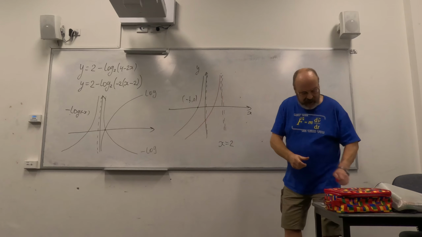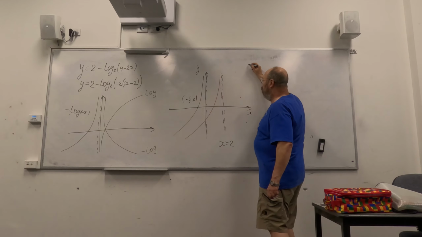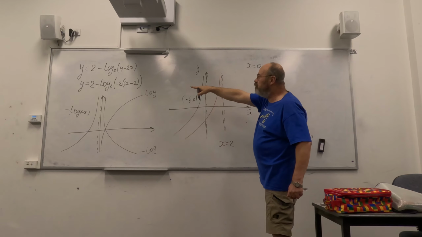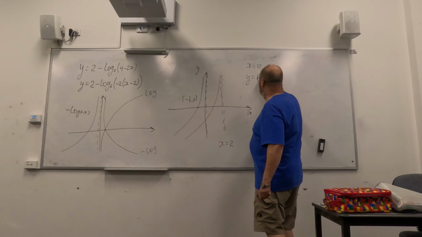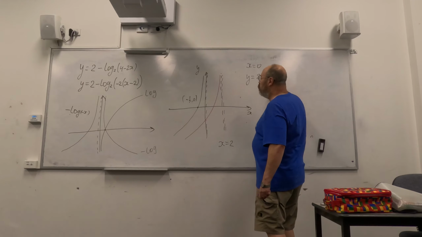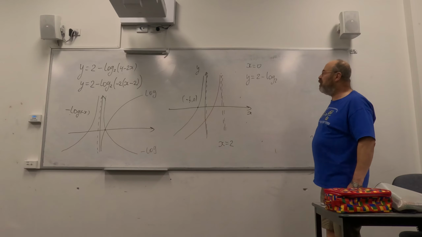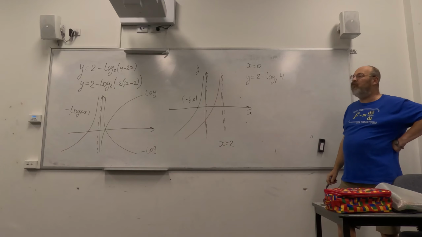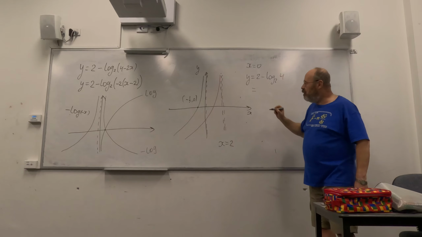Let's start from the y-intercept. For the y-intercept, we take x equals 0. We get y equals 2 minus log 2 of 4. What is log 2 of 4? 2. So what does that equal? 0.